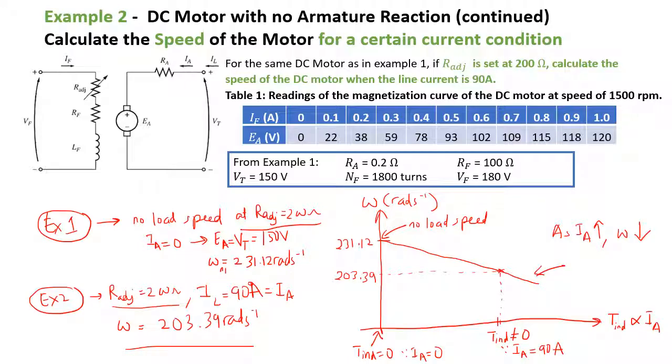And this graph is what we call the terminal characteristic of the DC motor, where the no load speed is always much bigger than the speed when the torque is not 0. So when you do your calculations, if you find the speed at a certain armature current, it should be less or lower than the no load speed.